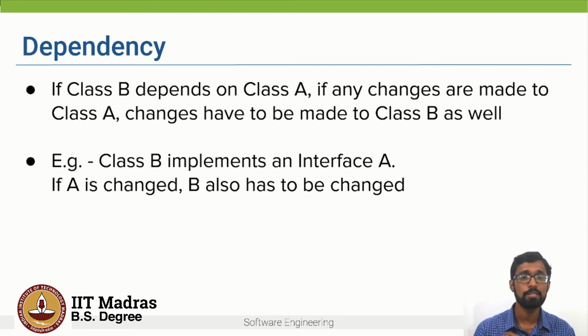This is a very common feature in object-oriented programming languages like Java: you have an interface and a class implements that interface. Now, if this interface A is changed, then appropriate changes have to be made in class B as well. This type of relationship is known as a dependency relationship.